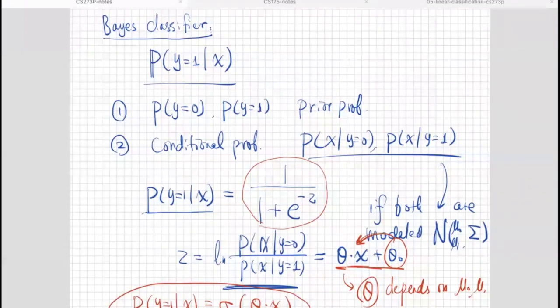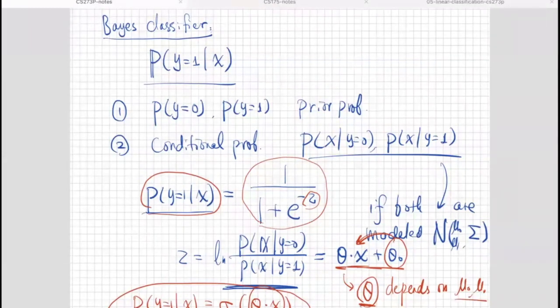In the end, theta summarizes the effect of mu 0 and mu 1. So if I make this assumption, the posterior probability can be modeled as a sigmoid function, with z simply being the score, the linear combination of the input with some coefficient parameter theta. That's what this means in these models.